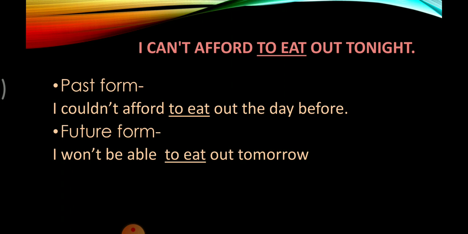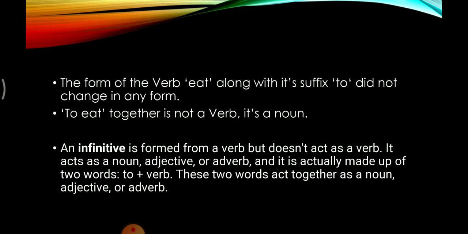Next, see, all the 3 forms are here, but the underlined words, to eat, did not change, but there are changes in the other words. These are called infinitives. Okay? The form of the verb eat along with its suffix to did not change in any form.